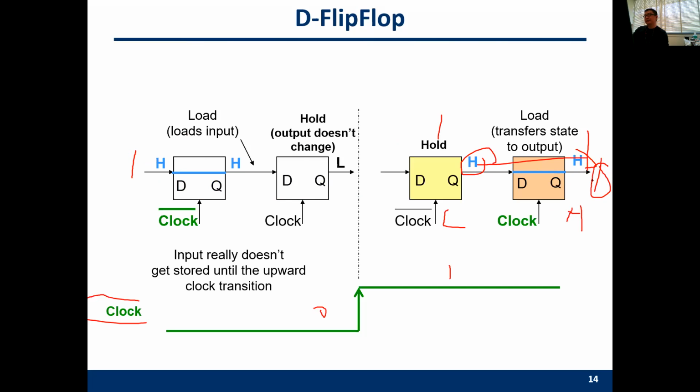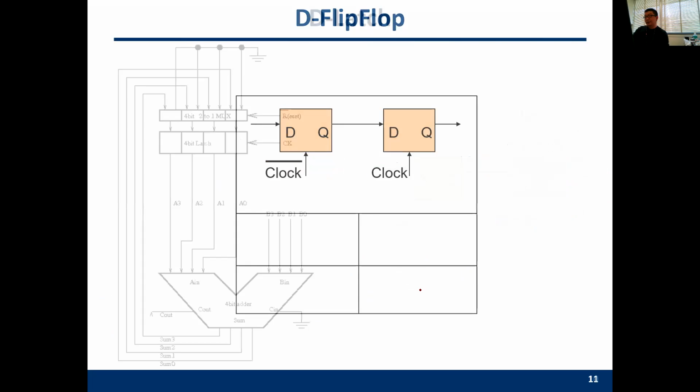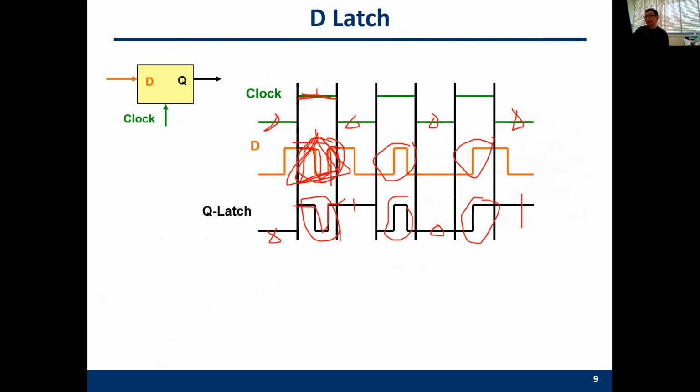So you can see that the output is changed on this edge. When this clock changes from 0 to 1, I can receive the 1 I wrote to the input. So this D flip-flop is triggered by this edge, not the level. For the D latch, everything is triggered by the clock level. Whether it's high or low, if it's low, it's just hold. If the clock is high, you can load anything you want, and the output will change with your input.